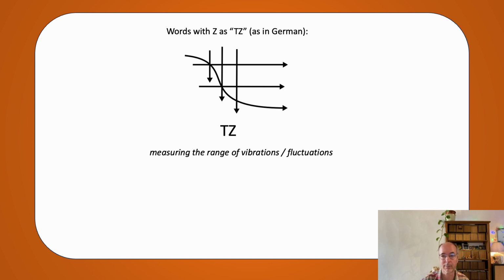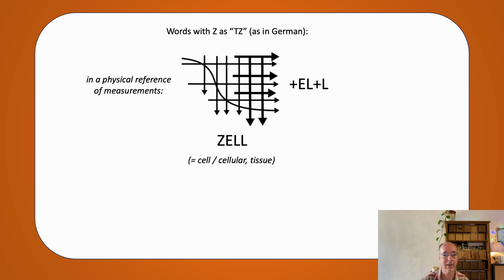I have two examples. I have the word ZELL. If I simply add E and L together there, it reminds me very much of the cell, of the holding cell form, but it's of course much more varied with vibrations and so on like that.